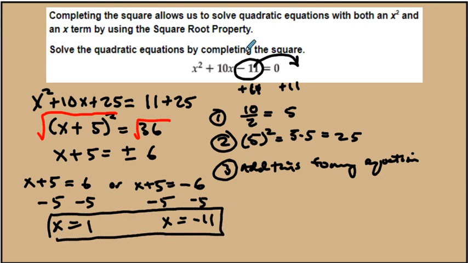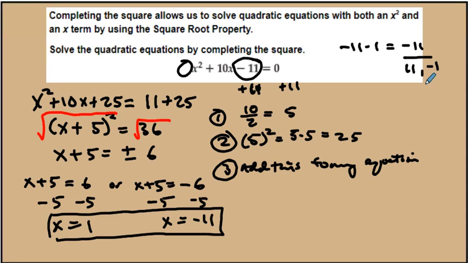Now, remember when I said before that I couldn't solve this, that the factoring wouldn't work? Well, I was misleading you. It actually does work. If you use our AC method, you have negative 11 times 1 equals negative 11. Two factors of negative 11 that add up to 10 are 11 and negative 1.